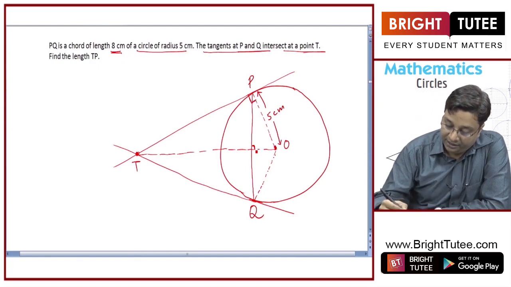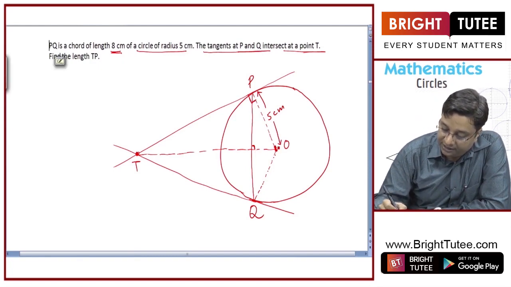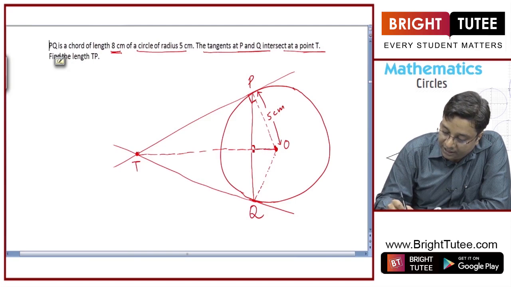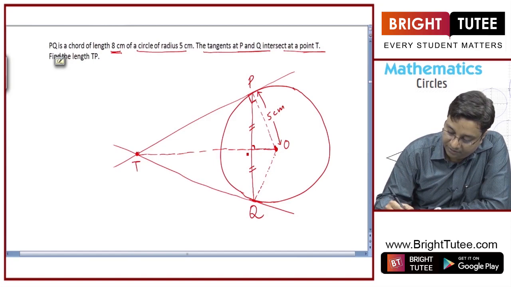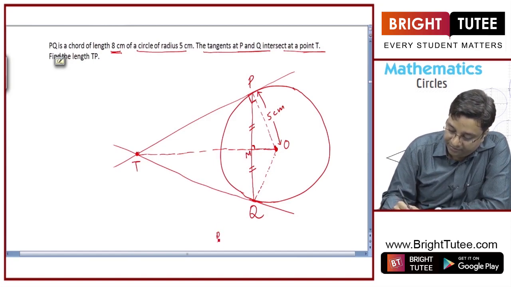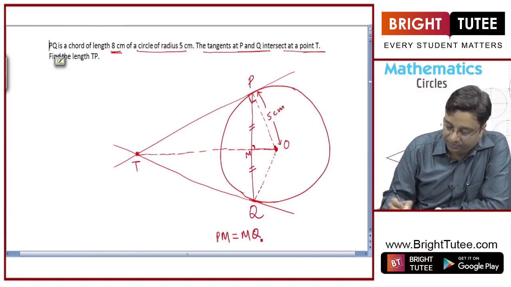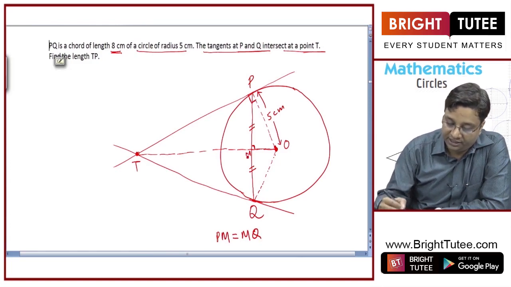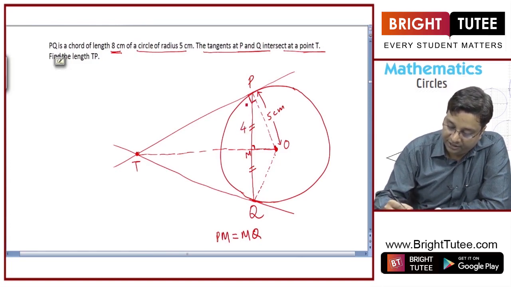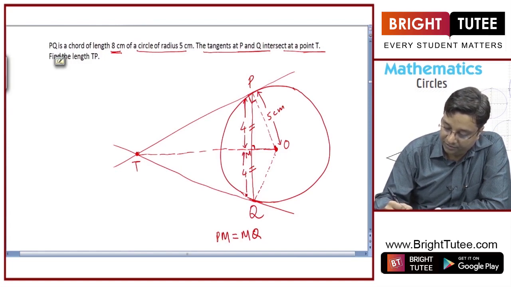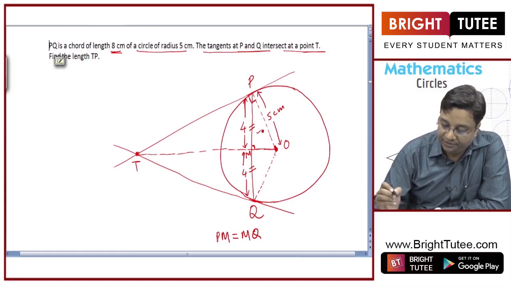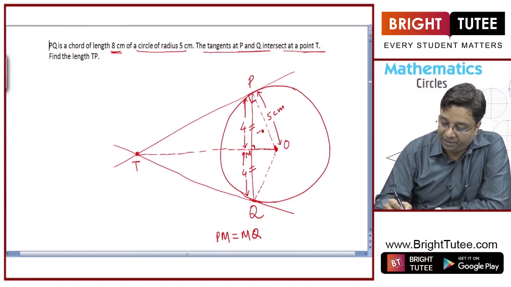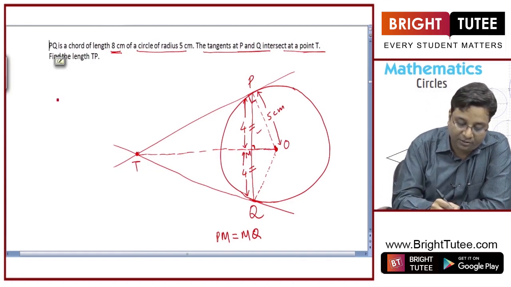Okay, and if this is the center, and if you drop the perpendicular at any chord, it will bisect the chord. So this is equal to this. Let us name this as M. So I can say PM is equal to MQ. Both these segments are 4 centimeter each, because the length of this chord was 8 centimeter. Now this triangle is a right angle triangle, so I can apply Pythagoras theorem to find length OM.